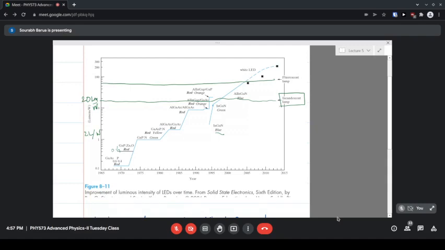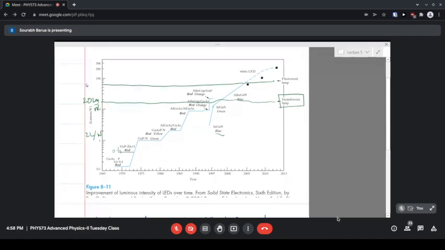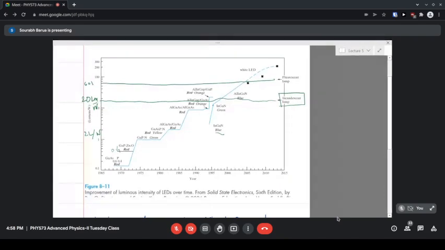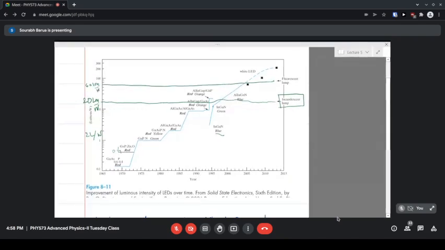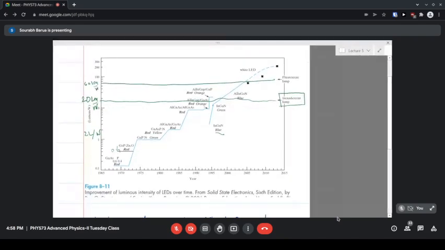But the other reason was that their luminous efficiency was below that of the incandescent lamp and also below the fluorescent lamp. The fluorescent lamp is around 60 lumens per watt.